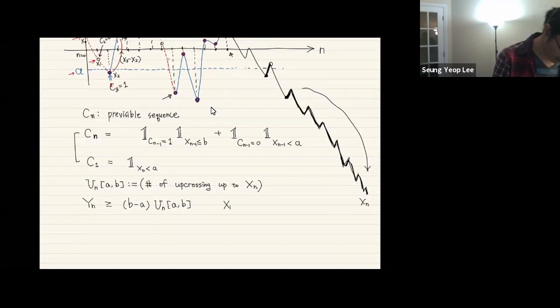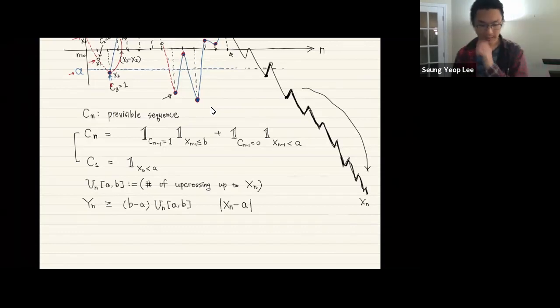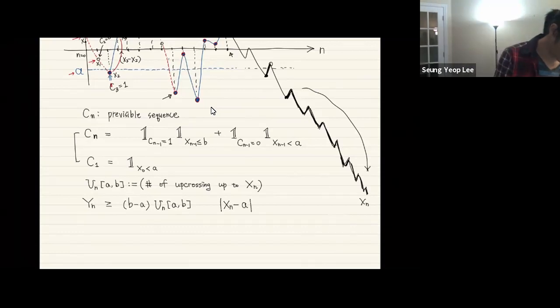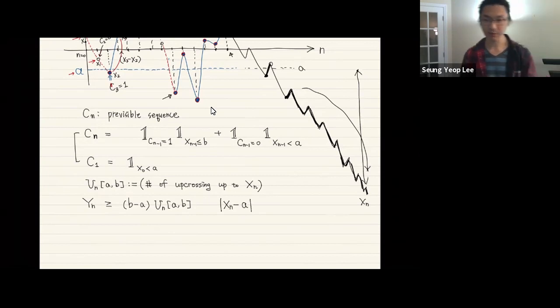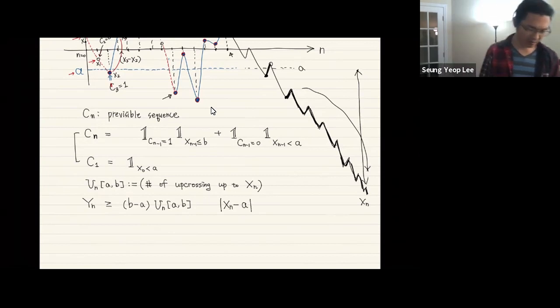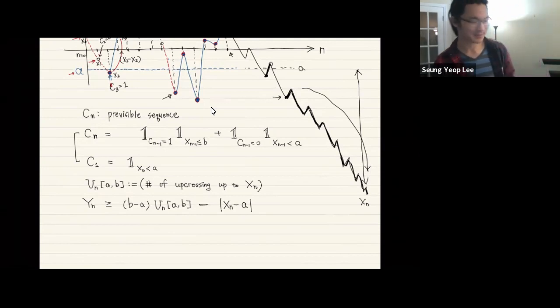This loss can be as huge as the difference between the final position XN and A. Of course, this loss amount is smaller than XN minus A, because it always starts slightly below A. So if I subtract like that, then it will still be a lower bound.